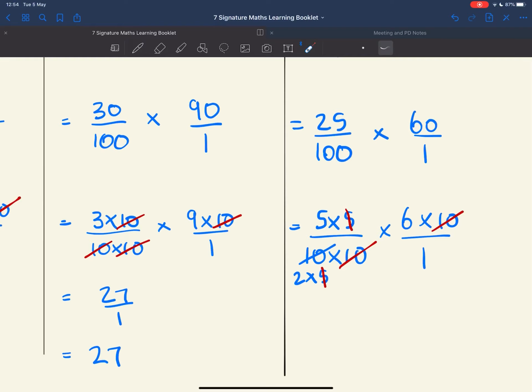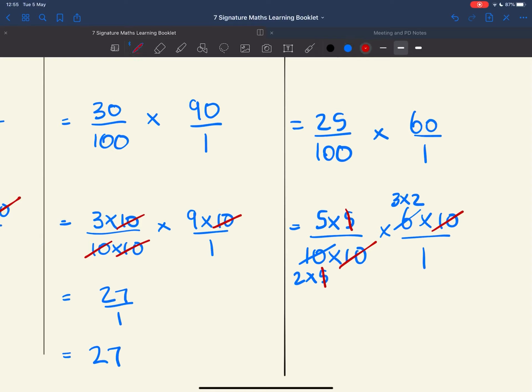We can. Is there a way we could break down the 6 so that we have a 2 here? Because if we had a 2 here, we could cancel that out with that. So looking at this, what times 2 makes the 6 here? If you're thinking 3 times 2, you're spot on. So let's change 6 to 3 times 2.